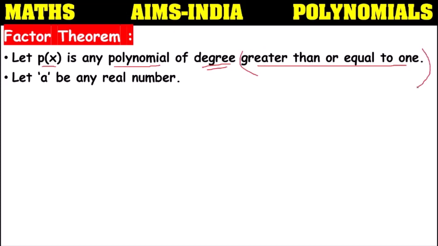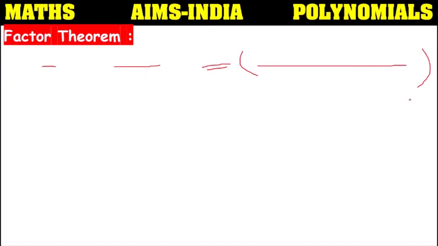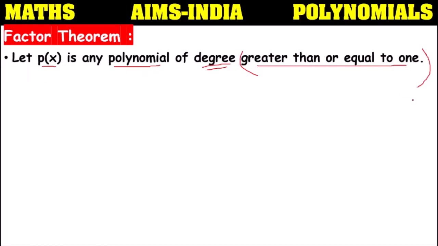It means that it is not a constant polynomial. It may be a linear polynomial, binomial, cubic polynomial, like that. It should not be a constant polynomial. So that kind of polynomial we are taking, and let a be any real number.